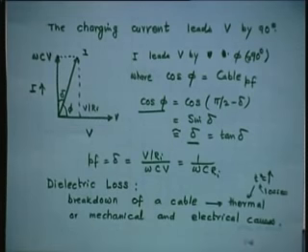Dielectric loss is a very important loss in cables. Breakdown of a cable can be caused by thermal reasons. Why do we not like any loss? Because not only does your efficiency go down, but it produces heat, and anything that produces heat is bad, whether it is an argument, a parliament, electrical engineering or mechanical engineering.